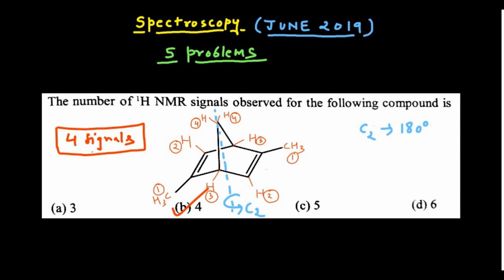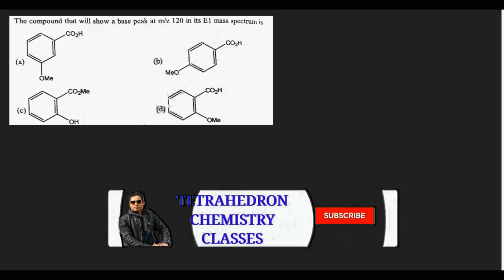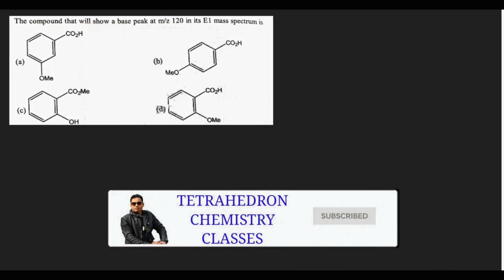Now moving to the next problem. This is your next problem. Which compound will show a base peak at 120 in its electron impact mass spectrum? You have to decide out of these 4 compounds which one will give you the peak at m/z 120, and it would be a base peak, right?